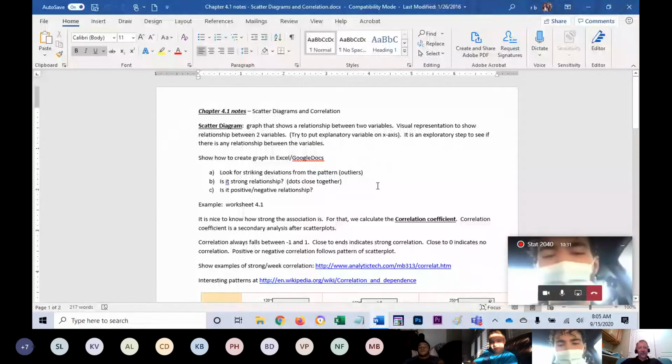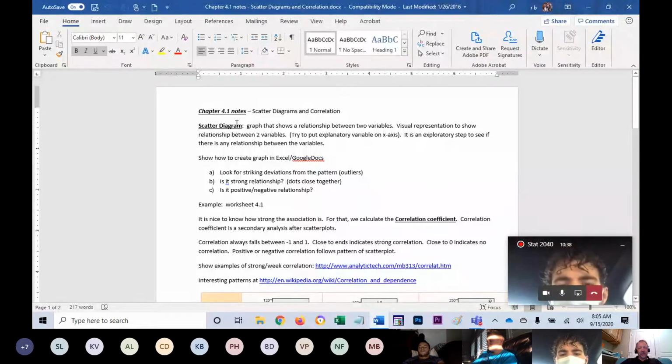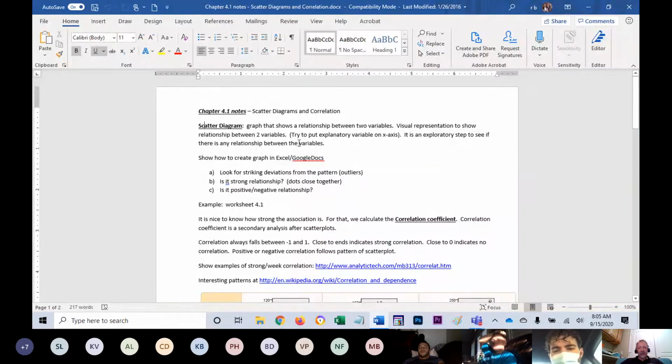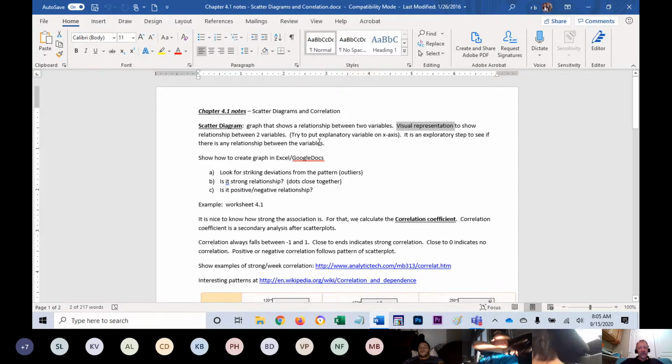Okay, so we're going to start on chapter 4 today. We're going to talk about scatter diagrams and correlation. A scatter diagram or scatter plot is a graph that shows the relationship between two variables, a visual representation.